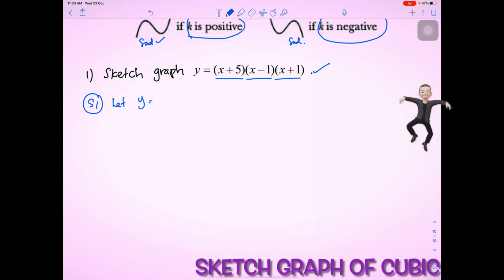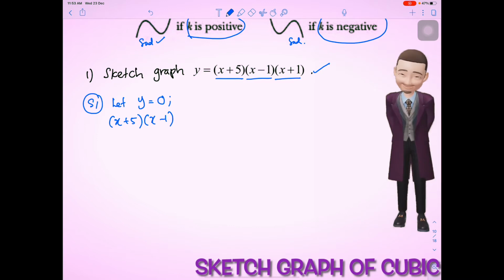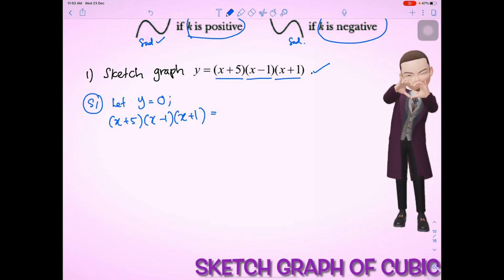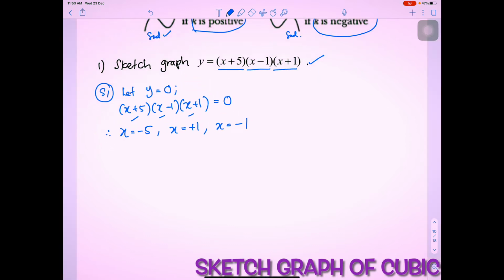Let y equals 0, and then we get (x plus 5)(x minus 1)(x plus 1) equals 0, and then we can get each value of x. Therefore x equals negative 5, x equals 1, and x equals negative 1.